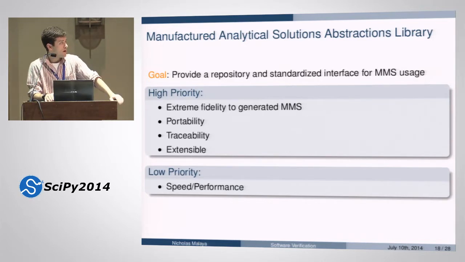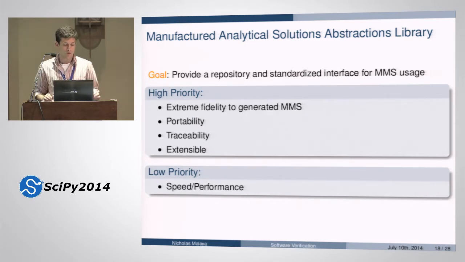This is the library that we generated because we were generating a lot of these manufactured solutions, and we were working with some of our collaborators at the national labs and such. We found that in some cases we actually generated the same thing that they did, and vice versa. So we're trying to create a community-based platform where we can all instantiate these and contribute.